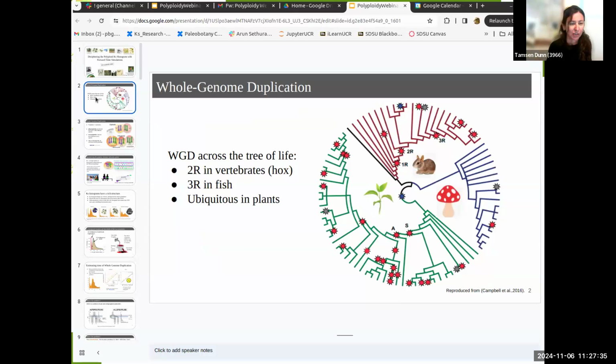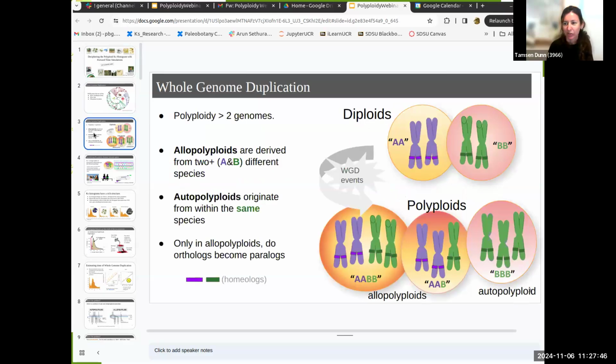As I'm sure this whole audience knows, whole genome duplication is replete across the tree of life, and we see it a whole lot in plants. Allopolyploids are polyploids that are derived from two different species, and those genomes have come together in the polyploid.